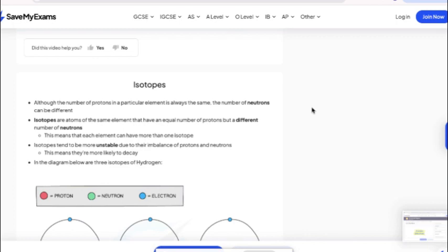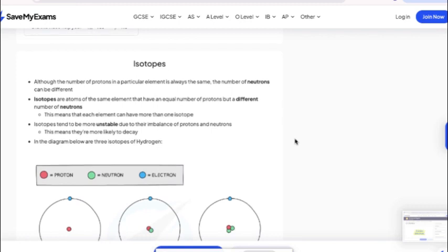So isotopes are atoms of the same element that have an equal number of protons but different numbers of neutrons. Hence we can say isotopes have the same chemical formula. Because they have the same number of protons, they will have the same number of electrons. So isotopes have the same chemical properties but different physical properties. We can put it in that manner.